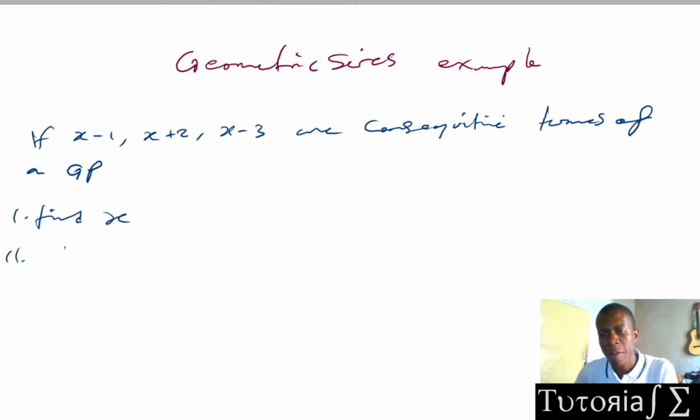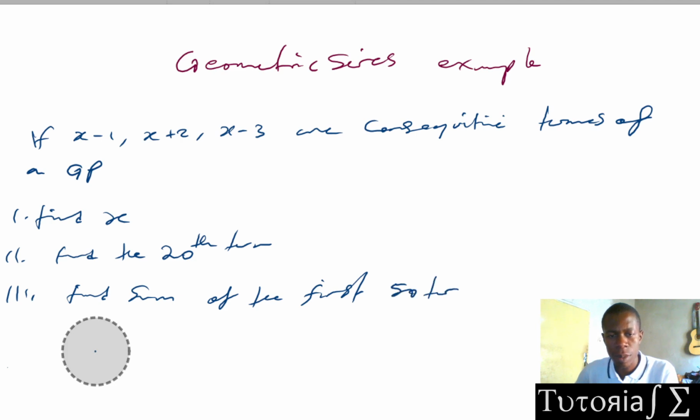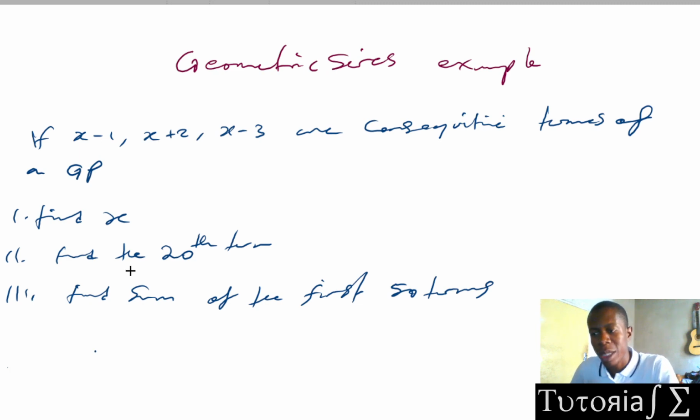Number 2, find the 20th term. Then number 3, find the sum of the first 50 terms. Okay, so now you are asked to do this.